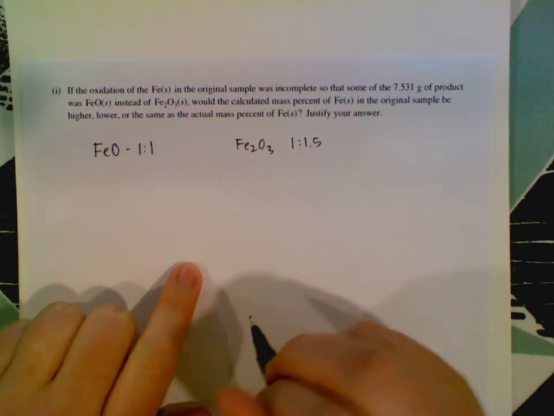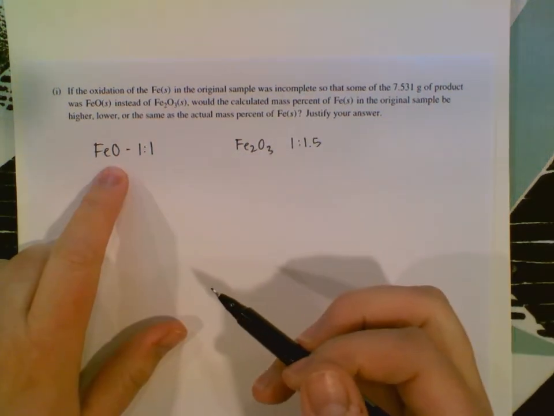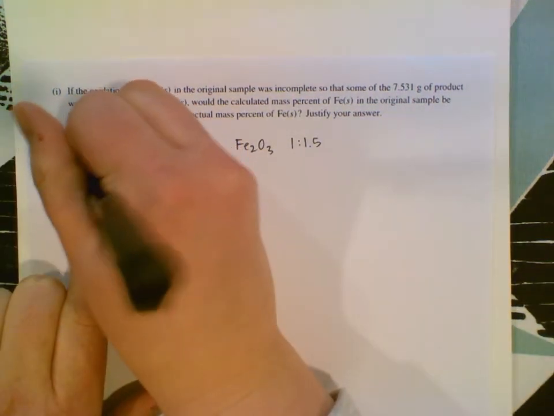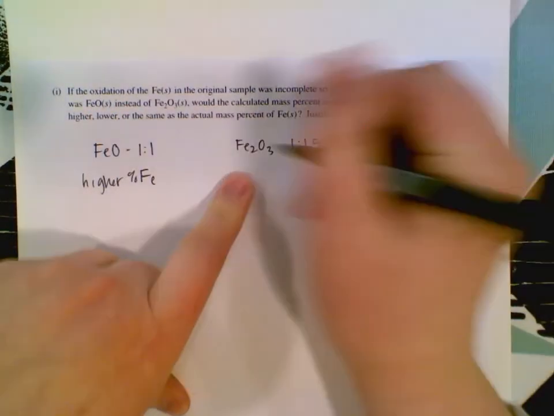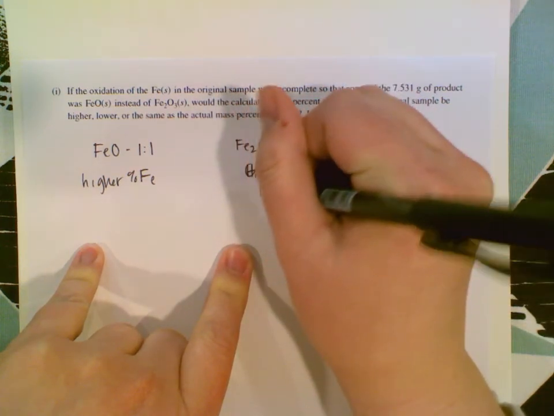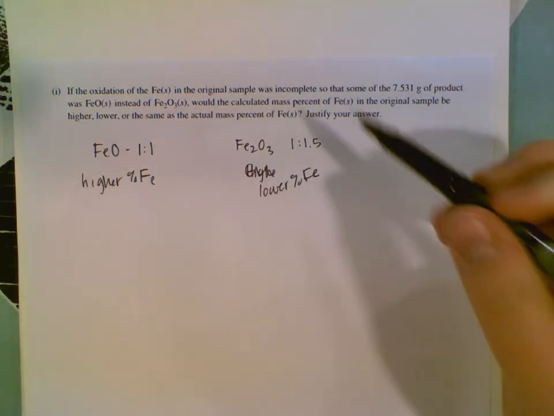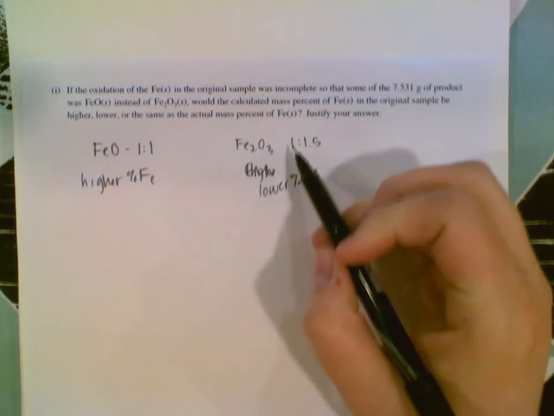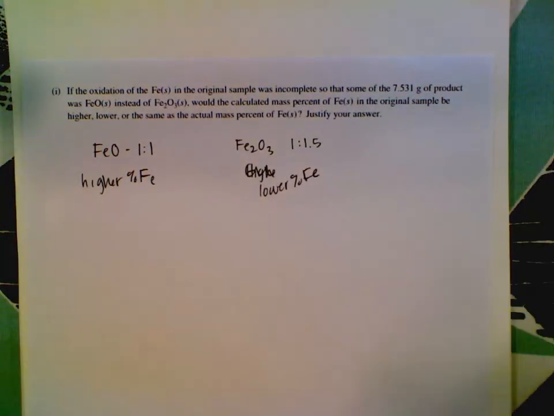So if you think about the percentages of iron, this FeO is going to have a higher percent iron than Fe2O3. And the reason Fe2O3 is going to have the lower percent iron is, again, because for every 1 of the irons, there's 1.5 oxygen. So there's just a higher proportion of the oxygen in the actual compound that we're trying to get.